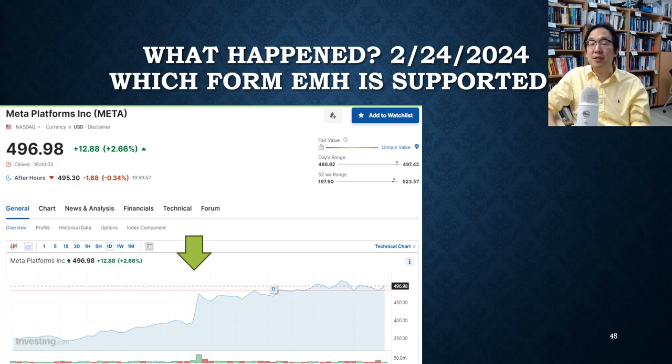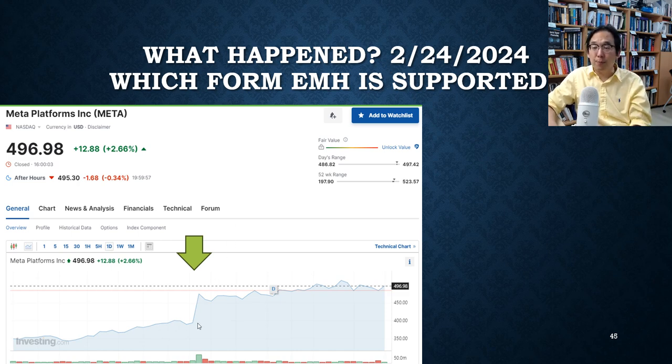Now, here is another example for your exercise. Meta Platforms, Facebook. At one point, I caught the screenshot. What happened on February 24th of 2024, this year?